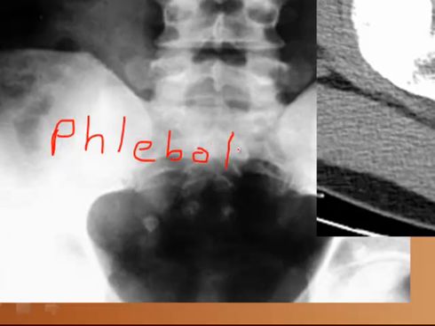Lith, L-I-T-H. There's the stone part. So really, let's call it a stone, but it looks like a stone. What it is, is a calcified vein. So a lot of times what you see down here in the bladder or in the pelvic area are actually going to be phleboliths and not kidney stones.